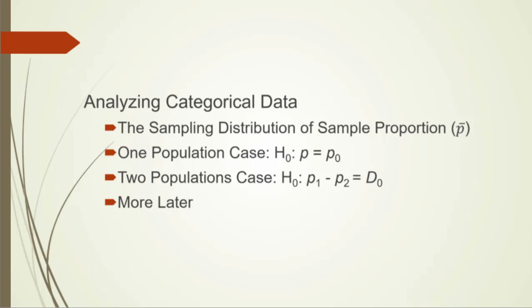We have already discussed these first two types of questions in previous videos. The third type, that's also the one which we would address in this video, is to compare proportions from two populations, P with subscript 1 and P with subscript 2. The last type of questions would be discussed in later videos.